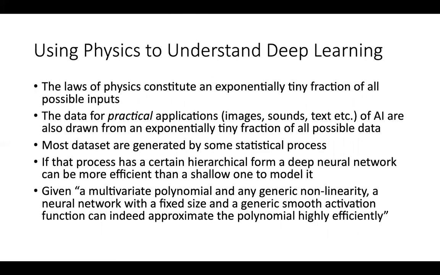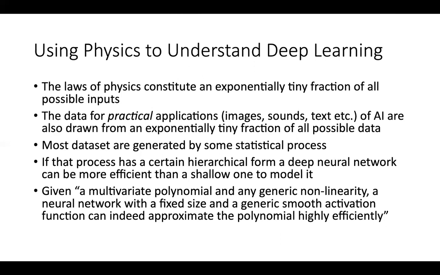All right, so we will start with this work by Henry Lin, Max Tegmark, and Rolnick, where they try to address at a very high level the question of why deep learning works well in practice. Their argument is as follows.